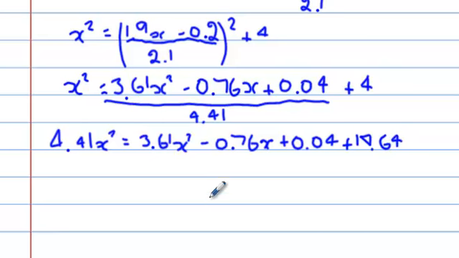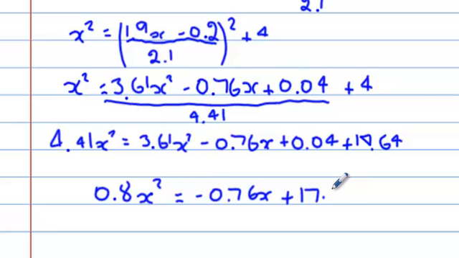If I tidy all of this up by subtracting this x squared term, if I take that away, I get 0.8. Oops. I get 0.8 x squared will equal, there's only one x term, minus 0.76x, and if I collect the number terms together, 17.68. So it's starting to tidy up a lot now.